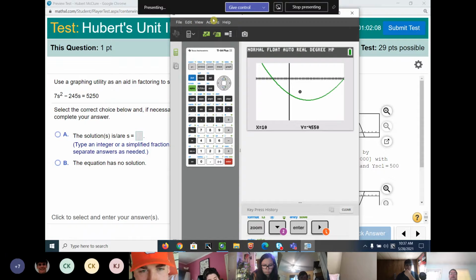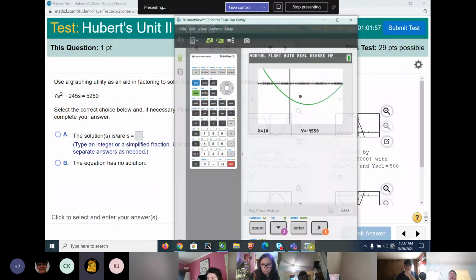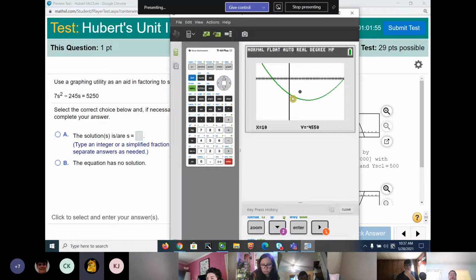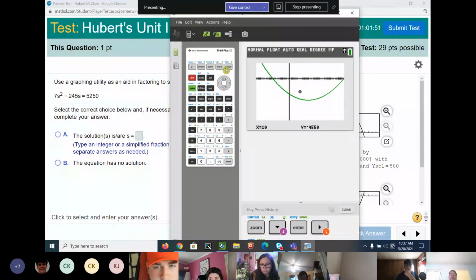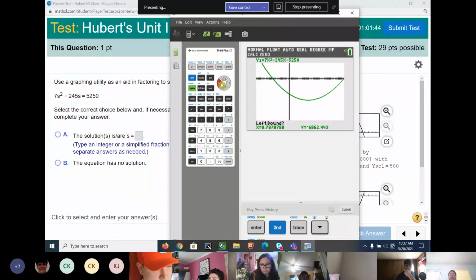What do they want? They want to know the X-intercepts. Find the X-intercepts. That's what the solutions are. So we're going to find this one first. Second trace, 0. Go over here. Find the left. Don't hold down the key. I don't know why I keep holding it down. Oh, it's going to BFE now.